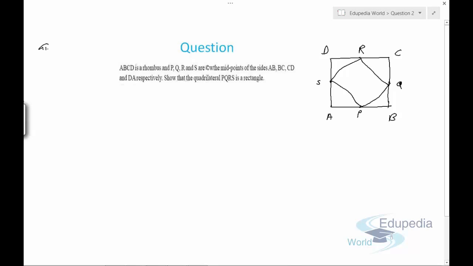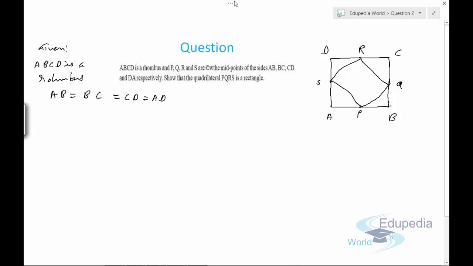First of all, we need to write the given. It's given that ABCD is a rhombus. So in a rhombus, all sides are equal. So we can say that AB equals BC equals CD equals AD, and the diagonals bisect each other. Now, let's see how we can prove this.